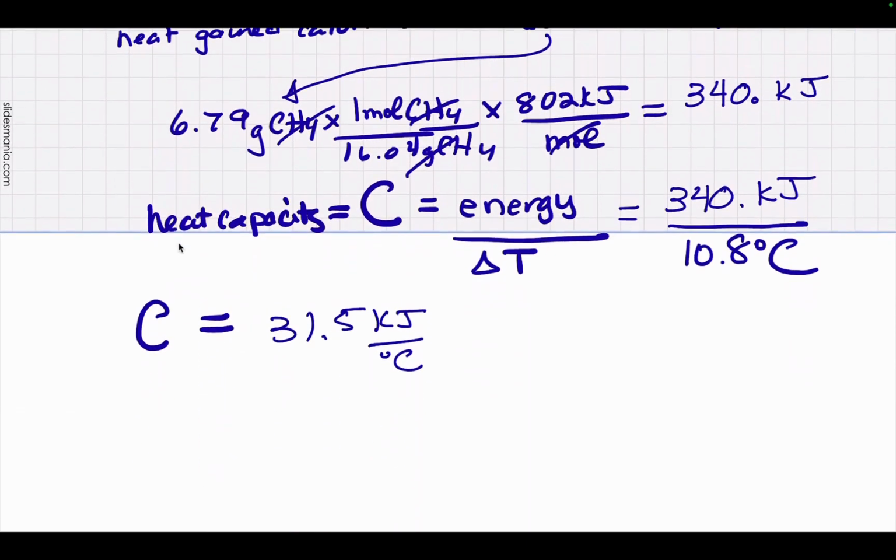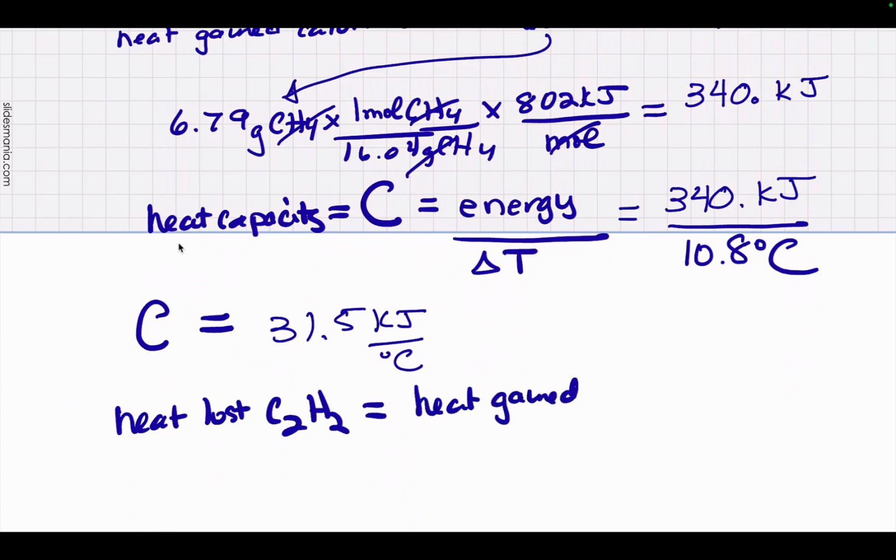So we're going to assume that the heat lost by the acetylene combustion equals the heat gained by the calorimeter. And we can calculate that by taking the temperature change times the heat capacity of that calorimeter.